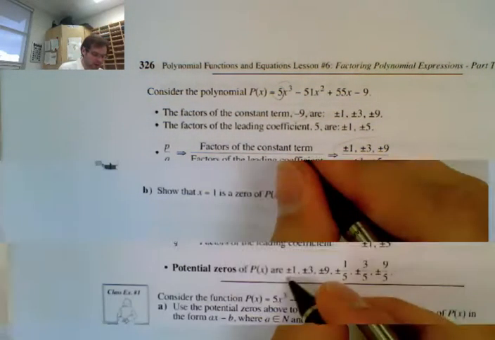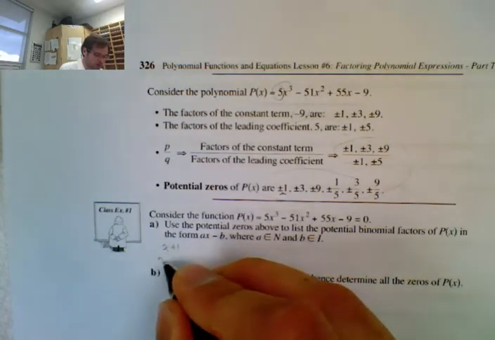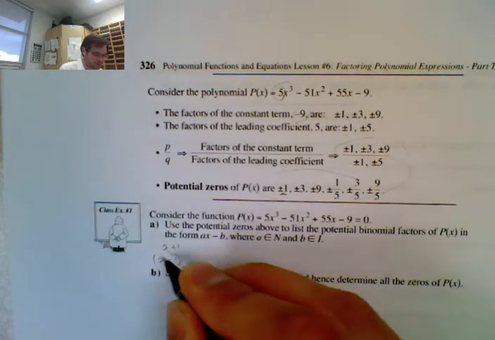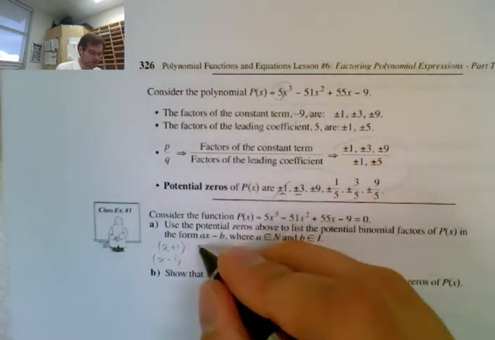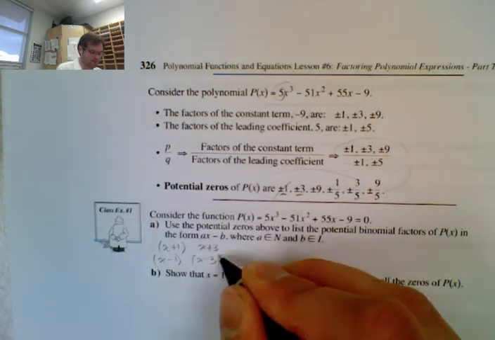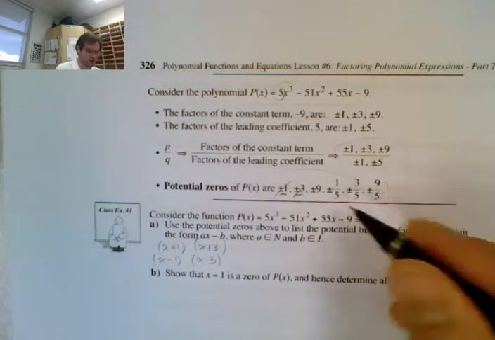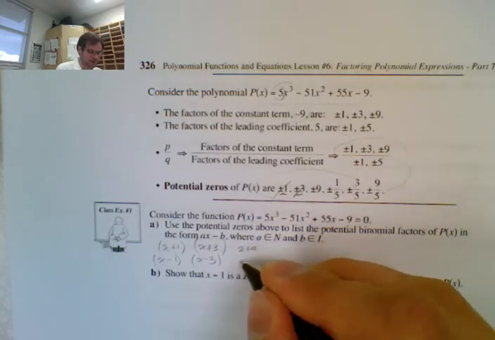Well, if I look at this, we have x plus 1 and x minus 1. Okay, so that one's done. Now we have plus or minus 3, so it's going to be x plus 3 and x subtract 3. We have plus or minus 9, so I have x plus 9 and x subtract 9.